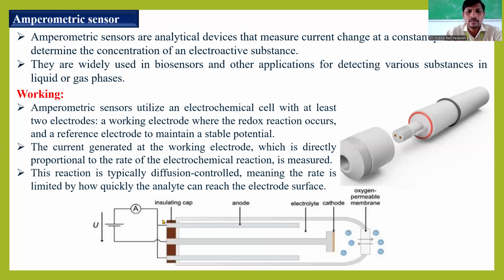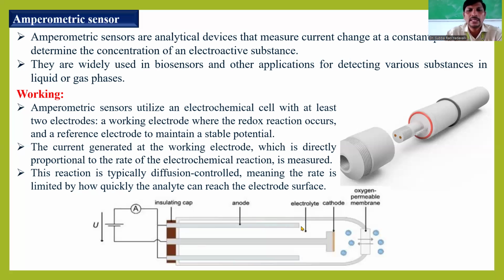And this is a glass electrode. This glass electrode consists of two electrodes. One is a working electrode, which is called the cathode. And the second one is the reference electrode, which is the anode. And this one is the electrolytic solution. This total glass is filled with an electrolytic solution.